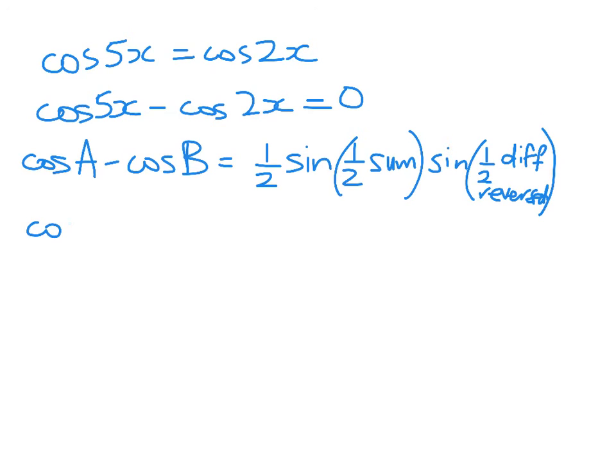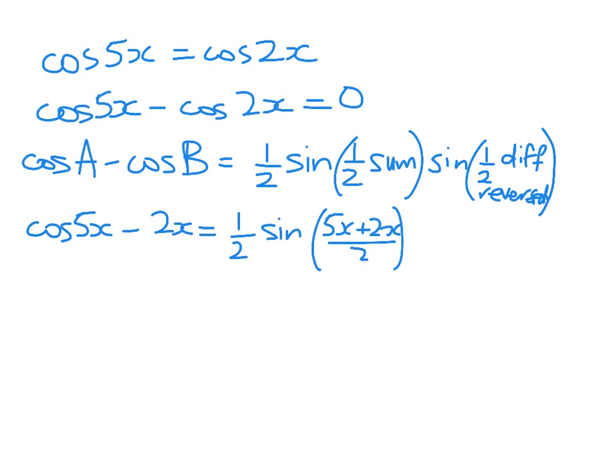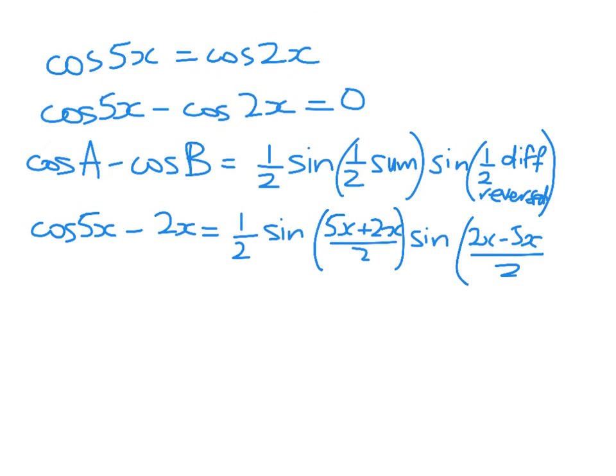Well, we get cos of 5x minus cos of 2x is equal to half sine, half the sum, 5x plus 2x over 2, times sine, half the difference reversed, so 2x minus 5x over 2.